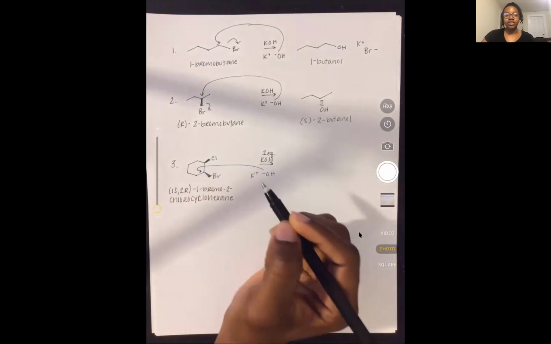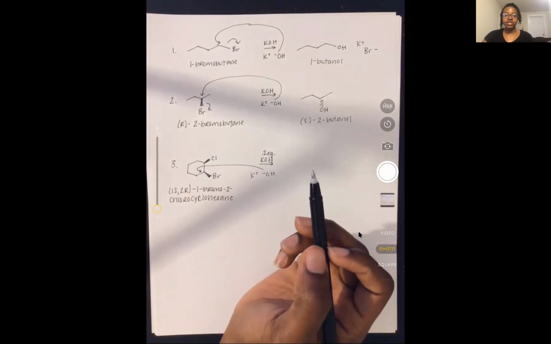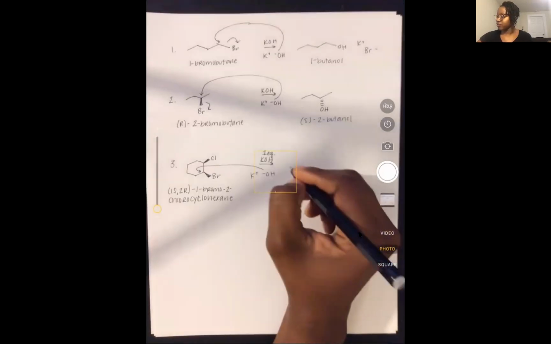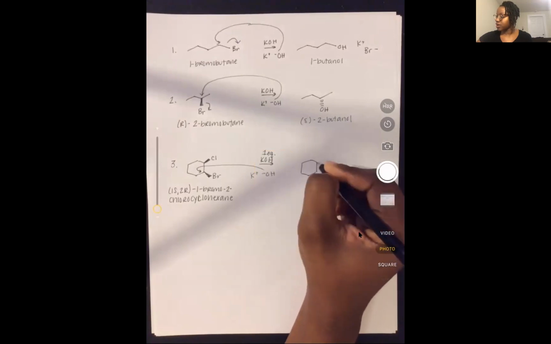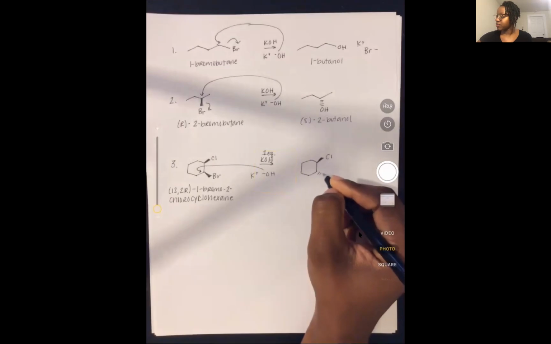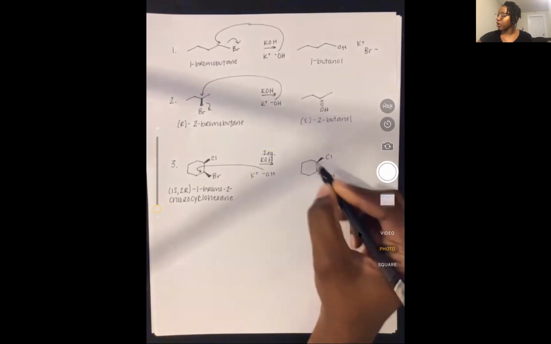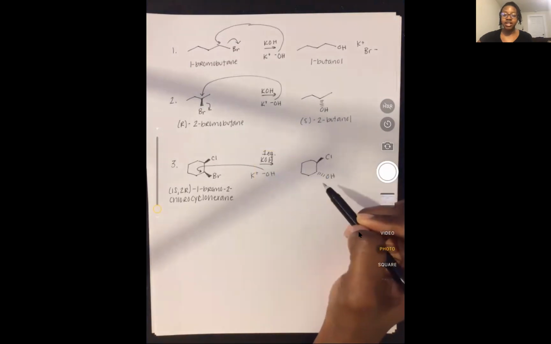Again, if you're curious about what leaving groups are more reactive, refer to that reactivity arrow. As a result, the stereochemistry of our chlorine does not change. But at the carbon where our bromine initially was, we have changed our stereochemistry.